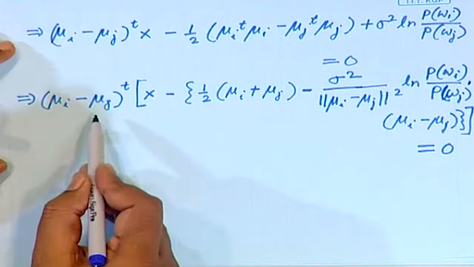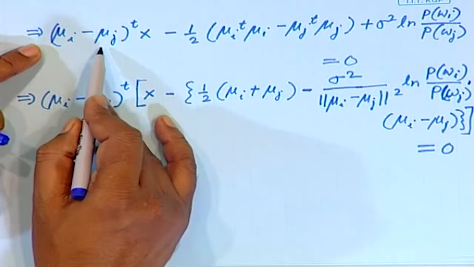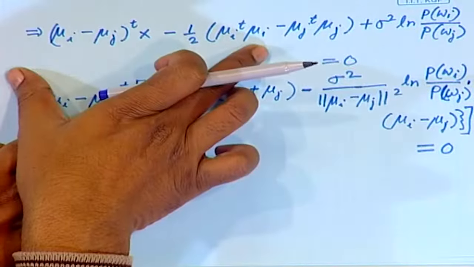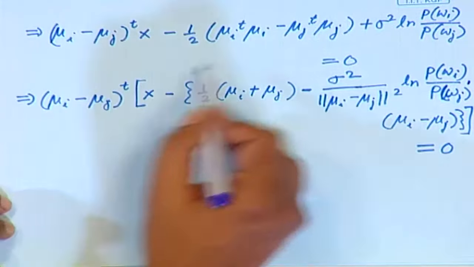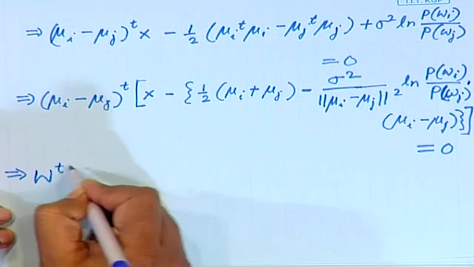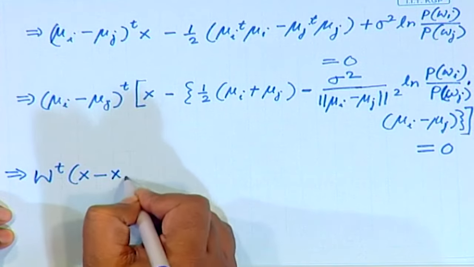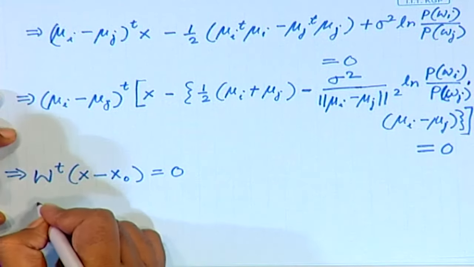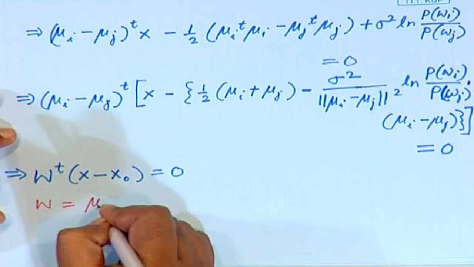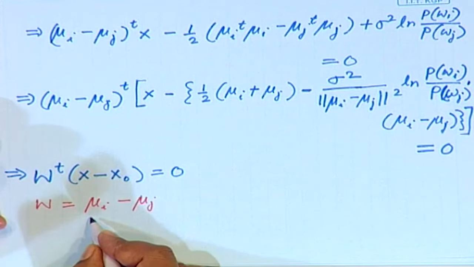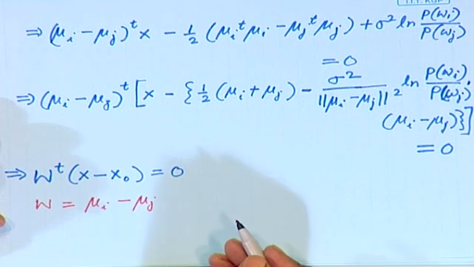I can convert this expression into this form where you find that (mu i minus mu j) transpose has been taken out of all the terms. So I can write it in this form, which is simply of the form W transpose (x minus x0) equal to 0, where this term W is nothing but mu i minus mu j, where mu i is the mean vector of the ith class and mu j is the mean vector of the jth class.